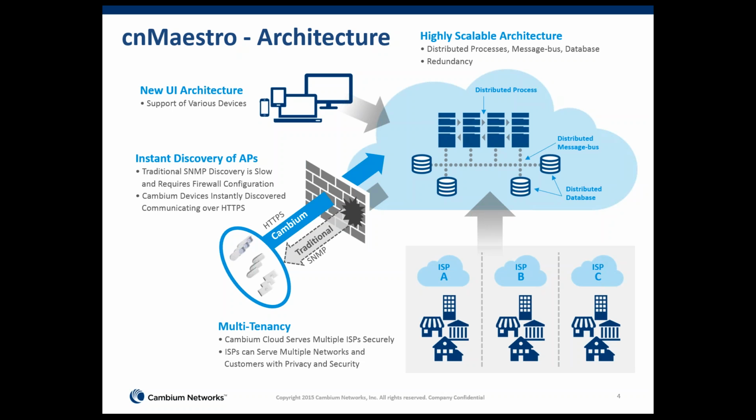The devices themselves have a device agent embedded within their software, and that device agent finds the management system, and it uses only a single type of communication. It's secure HTTPS, which means that it's very firewall friendly. Only one port needs to be opened through the firewall, and that typically is for HTTPS communication, and the device can contact cnMaestro.